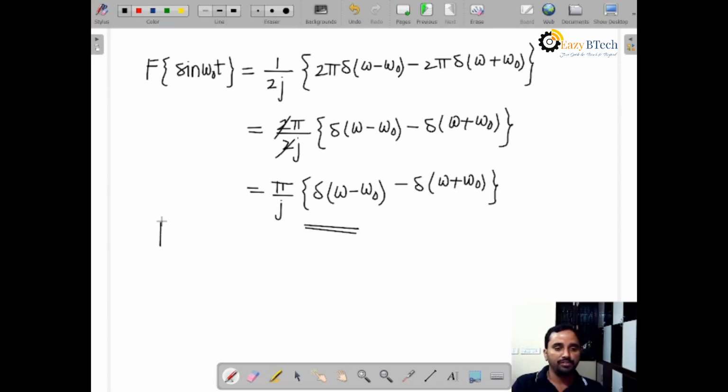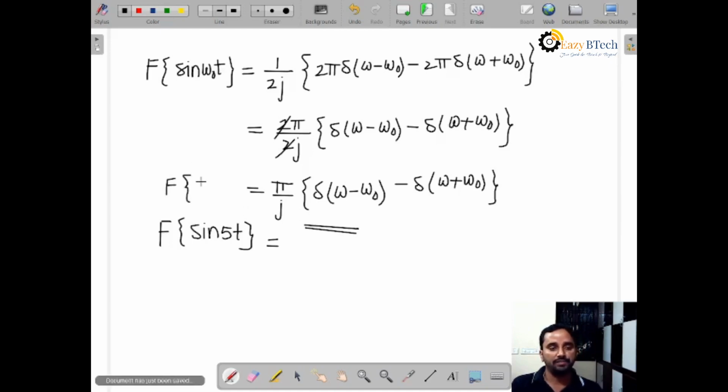But before going to the cos function, just a simple example. What is the Fourier transform of sine pi t? How to do it? Already we know sine omega naught t. Take that, and in the place of omega naught, what do we have? Pi.